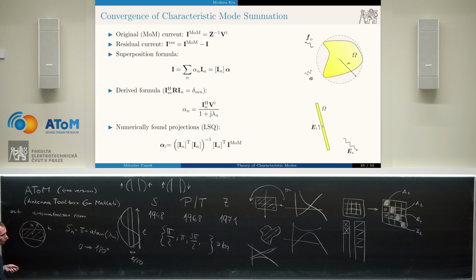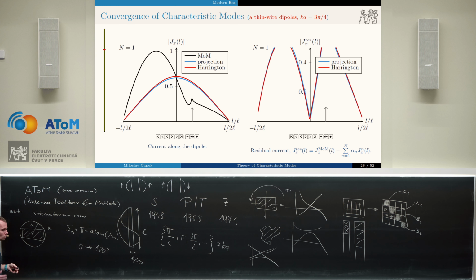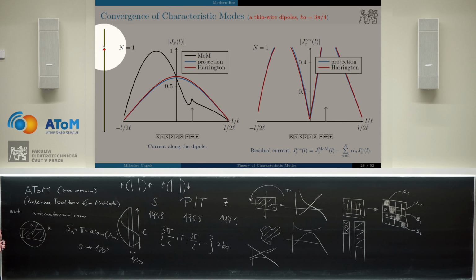Here we have a thin wire dipole of electrical size 3 pi over 4, just to change the electrical size a bit. And the excitation is placed here, so somewhere in the upper half of the dipole. And here on the x-axis, this is the dipole itself. The excitation is placed here.